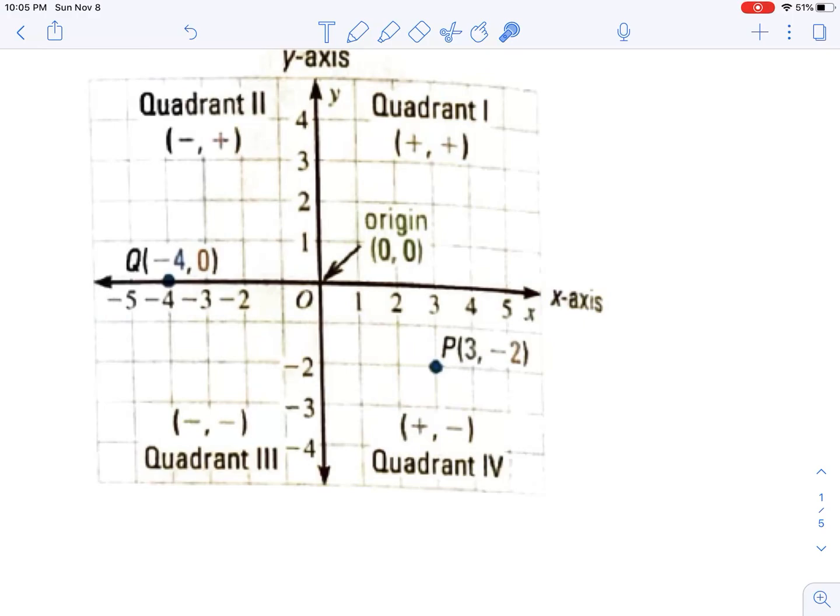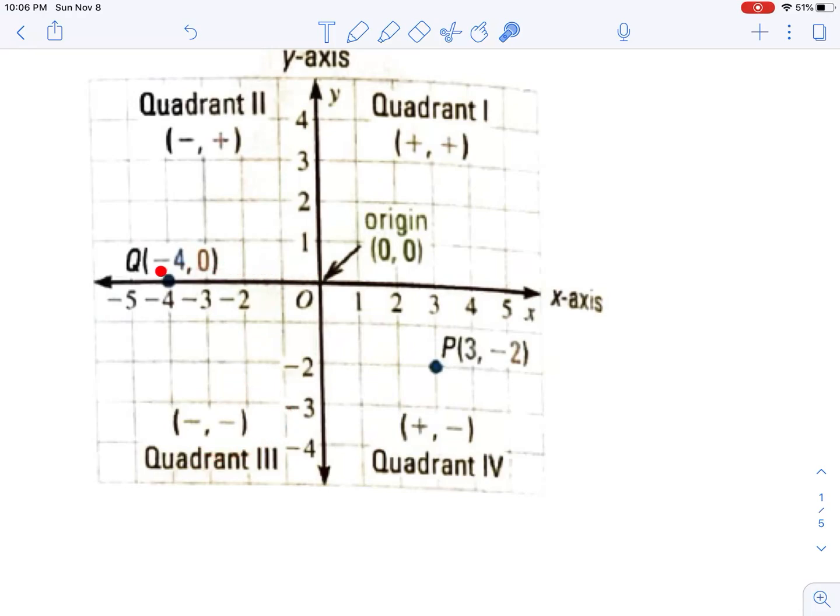Okay, quadrant 1, very important that we know this. Quadrant 1 is always going to be positive, positive. So it's positive in the x, positive in the y. We're going to the right and up. Quadrant 2 is always negative in the x-axis, but still positive in the y. Quadrant 3 is negative, negative.